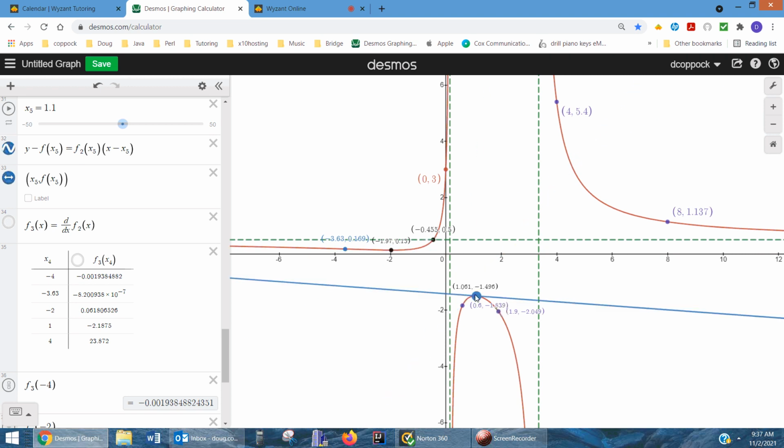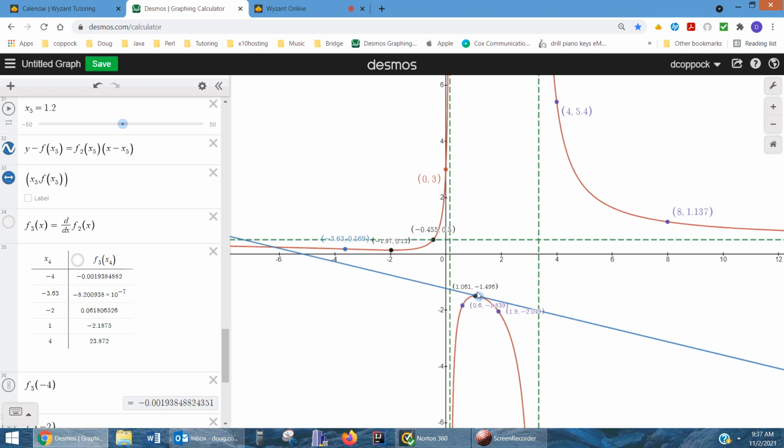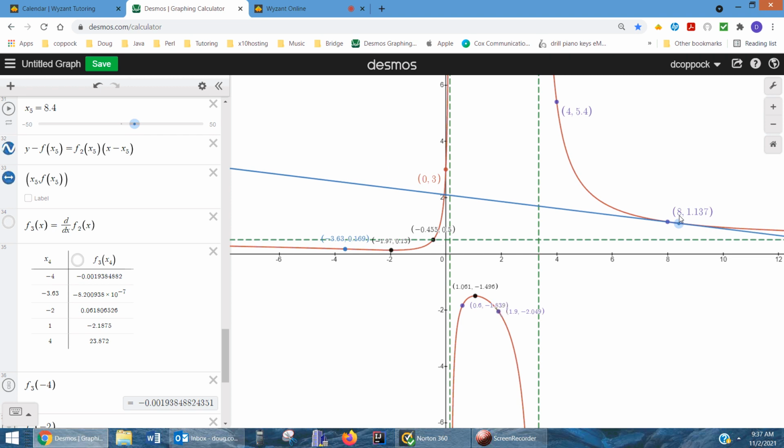I come down to here, I probably can't get it set right there exactly, but that relative maximum is where the tangent line is horizontal. Concave downward, the curve is always above its tangent line. And if I move over here, the curve is concave upward, tangent line is underneath the curve.